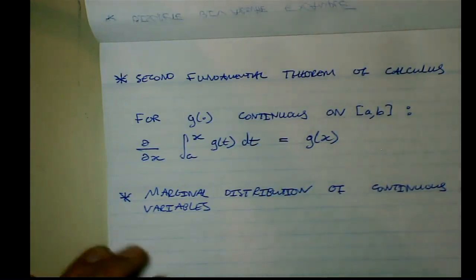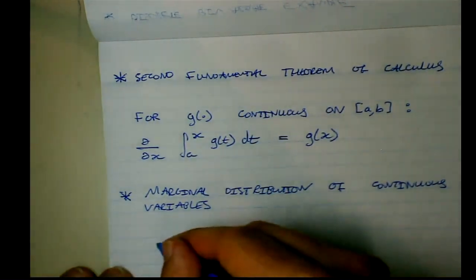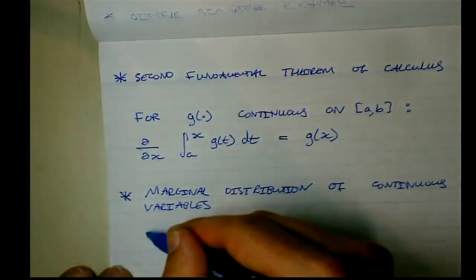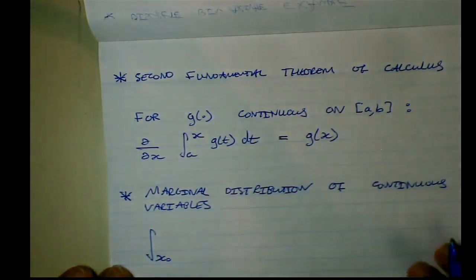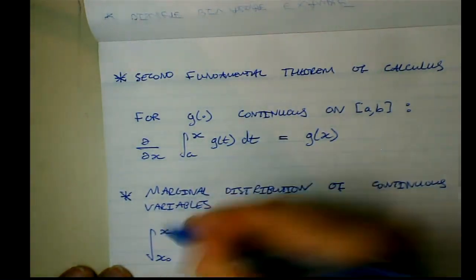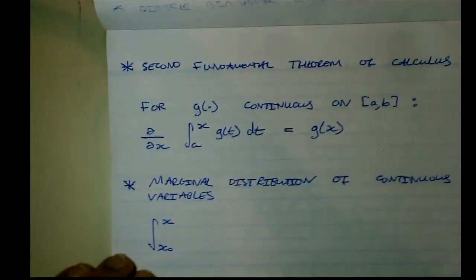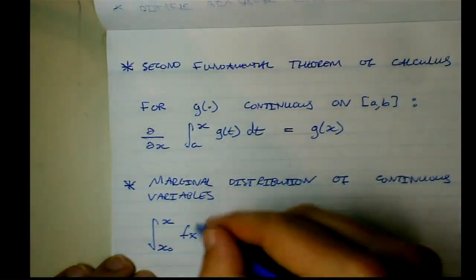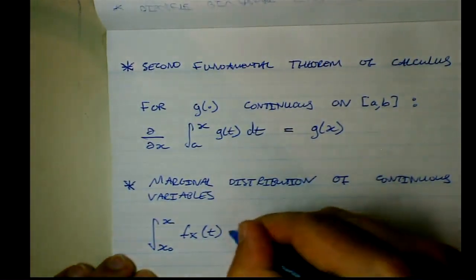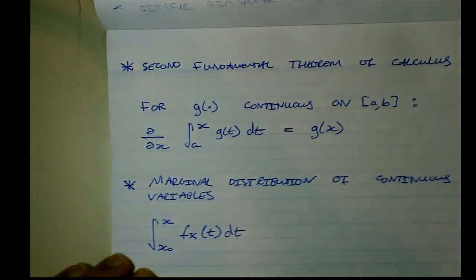All right. Let's consider the following. So let's consider the integral between some lower limit, which I call x0, and x, of the marginal distribution of x like that.